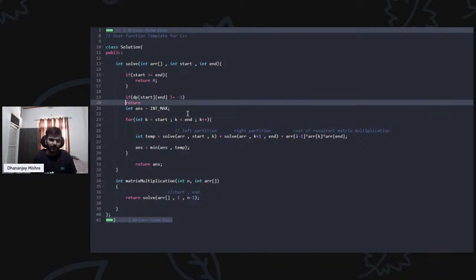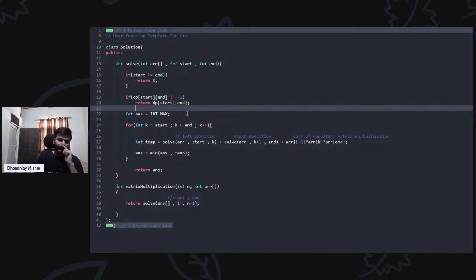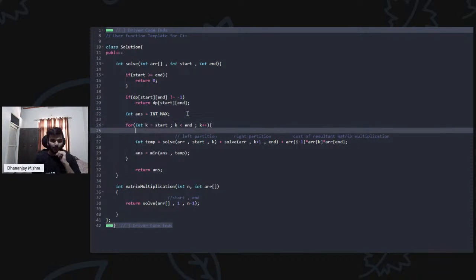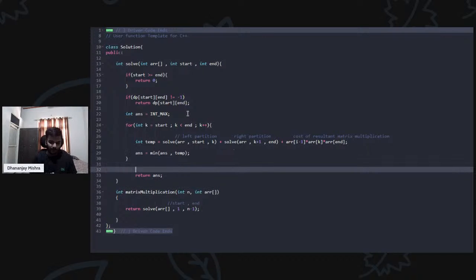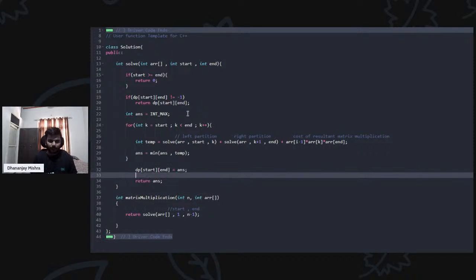That means the answer is pre-computed for that state earlier, and that is the final answer, right? So I will return dp of start comma end. That's it, right? And after that, before returning the final answer, I will be storing the answer for that range before returning, right? So that's it.